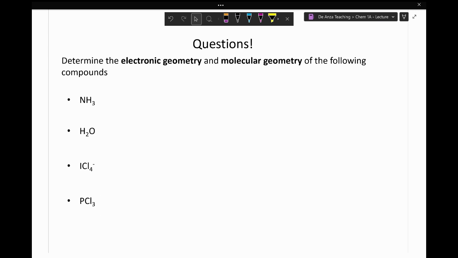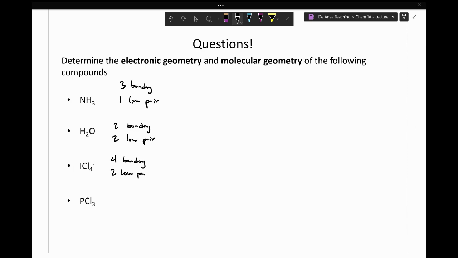Okay, welcome back. And so if we look at NH3, this has 3 bonding and 1 lone pair. Water is 2 bonding and 2 lone pair. ICl4 minus is 4 bonding and 2 lone pair.